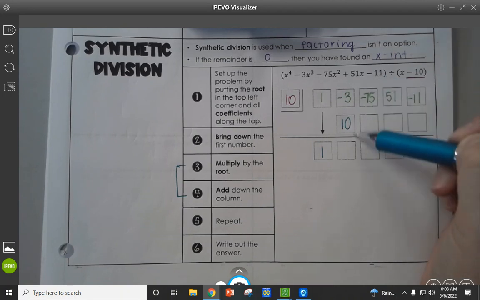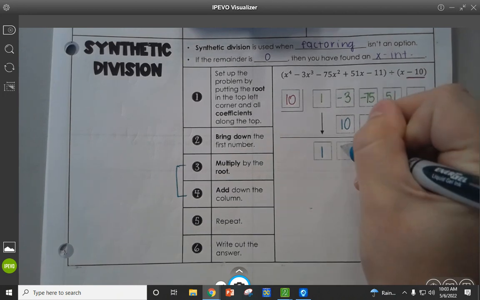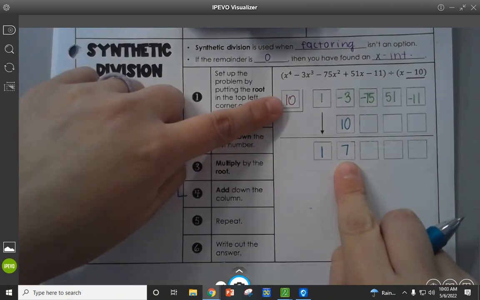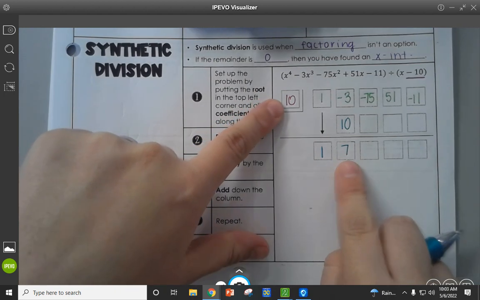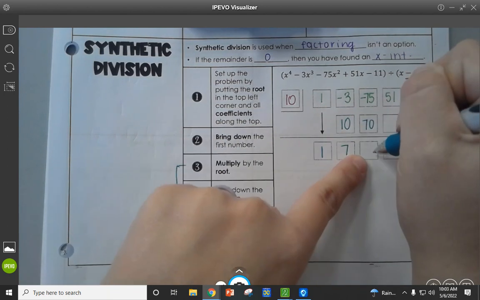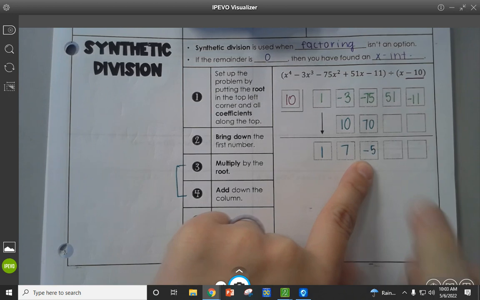Negative 3 plus 10 is what? 7. And then we multiply, and I get 70. So that goes here. And then we add straight down to get -5.